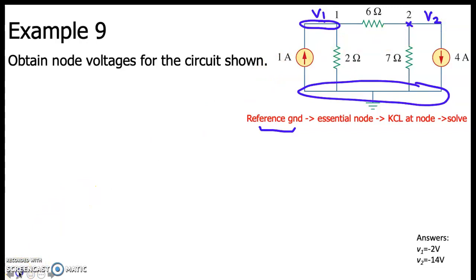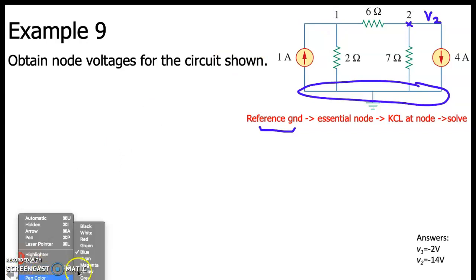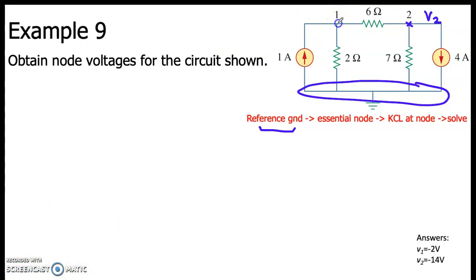Okay, so let me erase a bit. Okay, 1 minute. Okay, so this is V1, this is V2. So these are the essential nodes that you need to identify. So in nodal, we only use essential nodes to get the equations.